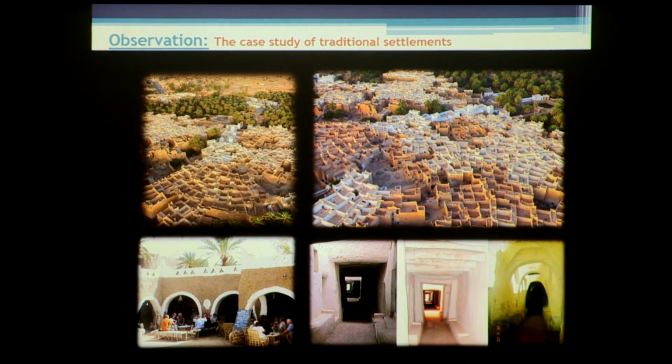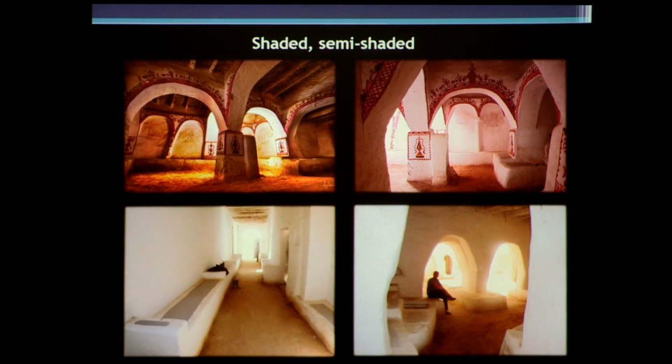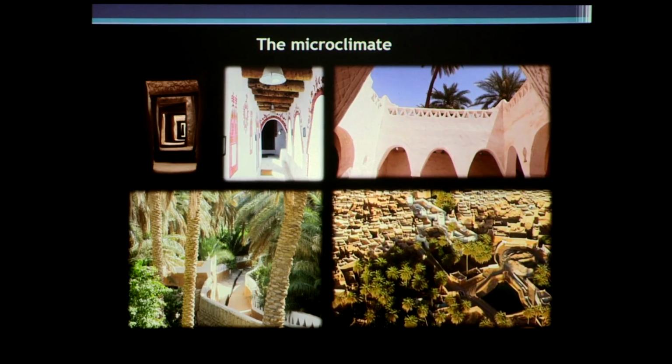This is just where the case study is, the traditional settlements and the alleyways, as they call them, and public squares. This is also a shaded common space of the community where people usually go out during the day and gather for social activities.